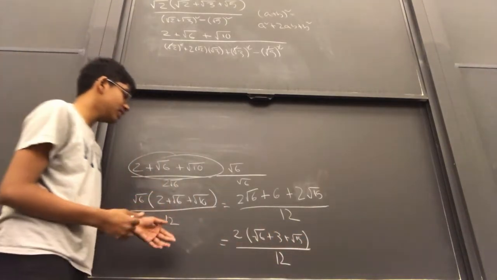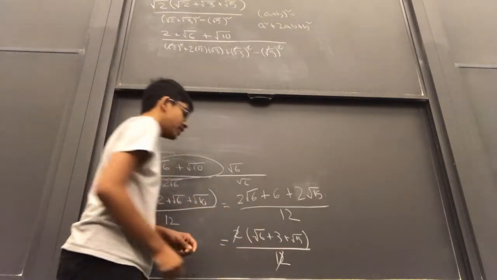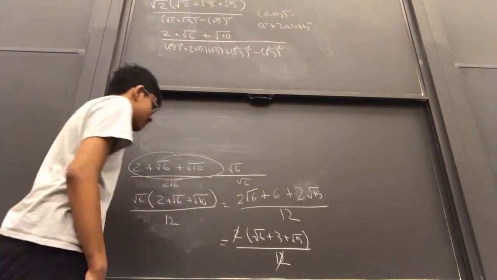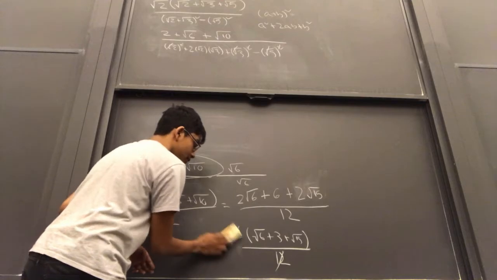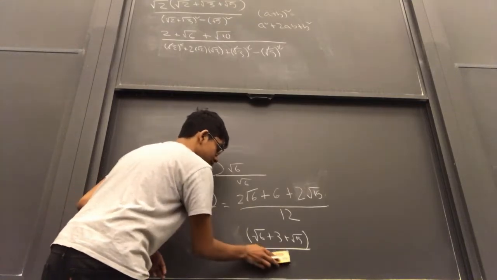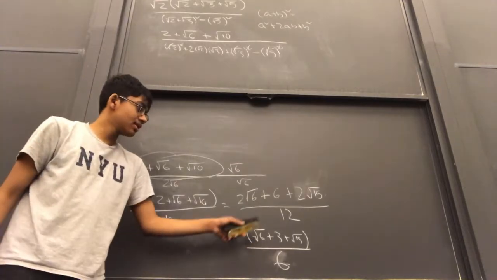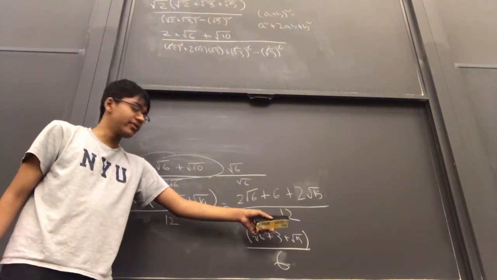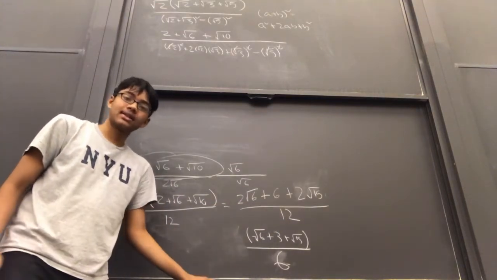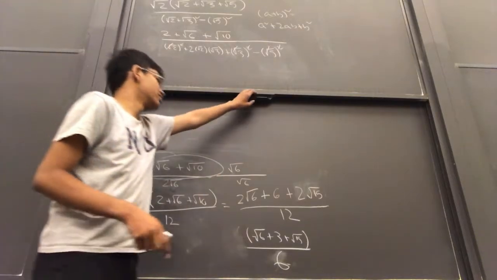Okay, now we're going to finish simplifying this. 12 divided by 2 is 6. So we're going to end up with our final answer being the square root of 6 plus 3 plus the square root of 15, all divided by 6. And that is the answer to the first question.